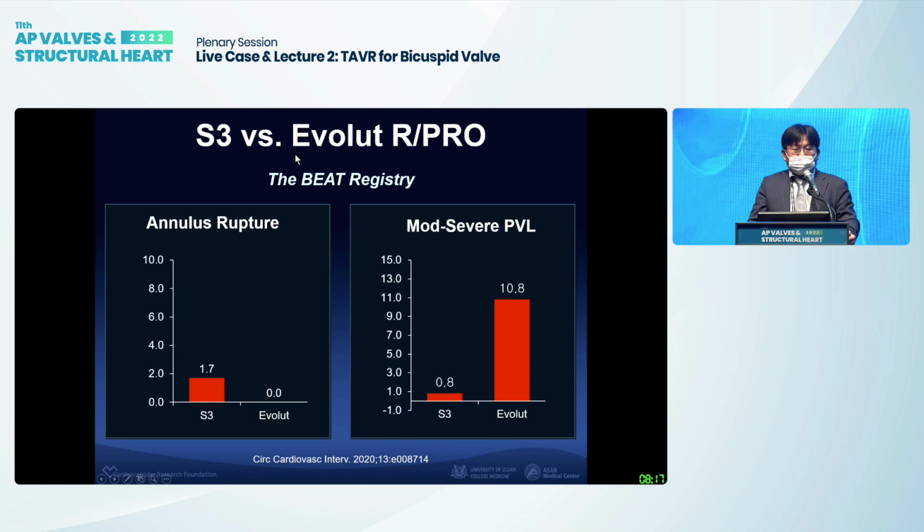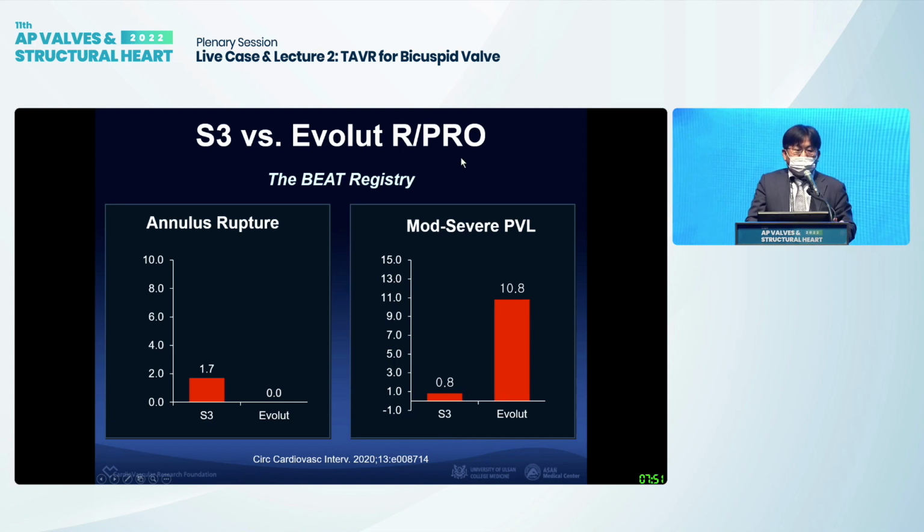But the complication profile is hugely different, as you can expect. Annulus rupture risk is higher in the SAPIEN 3 system. The rupture risk is 1.7, but with the Evolut system, no risk of rupture. But for at least significant paravalvular leakage, moderate to severe, SAPIEN 3 is only 0.8, but Evolut R is almost 10%.